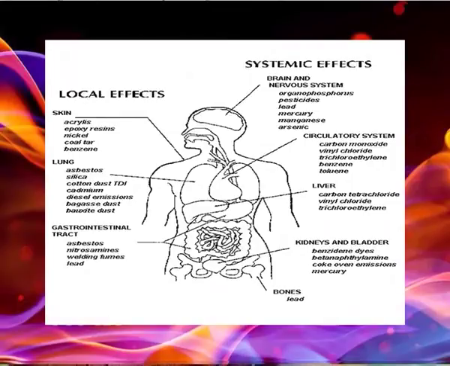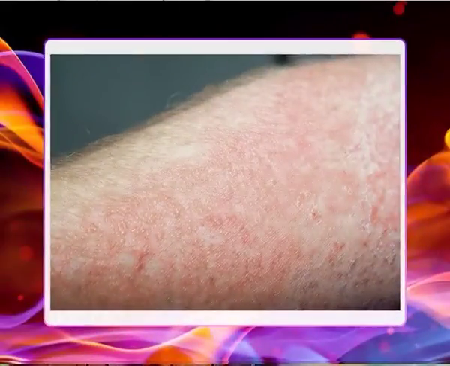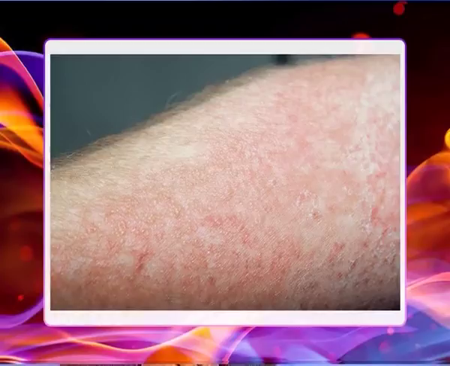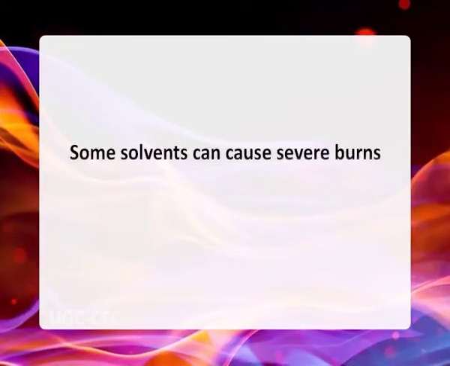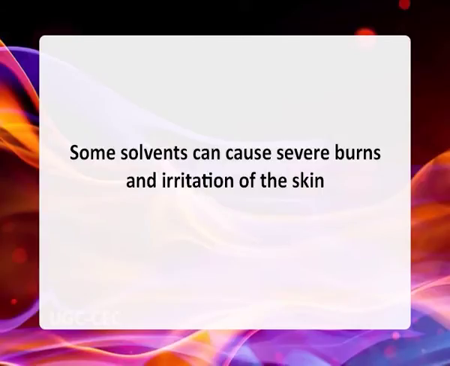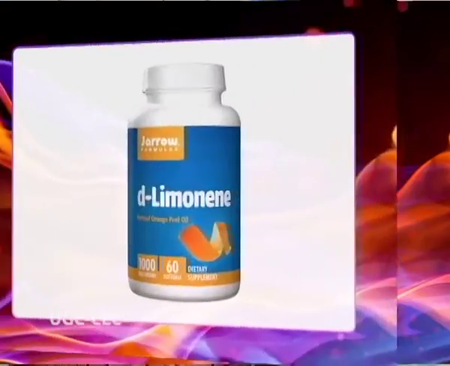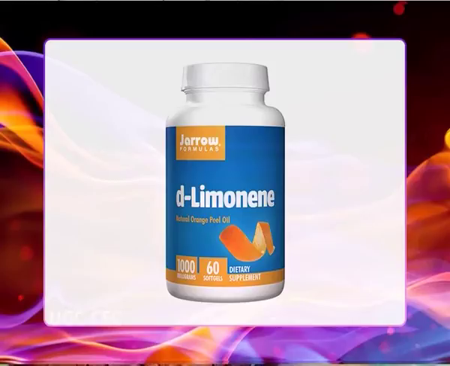All solvents can dissolve the skin's protective barrier of oils, drying and chapping the skin and causing a kind of dermatitis. In addition, some solvents can cause severe burns and irritation of the skin. Natural solvents such as turpentine and limonene are known to cause skin allergies.